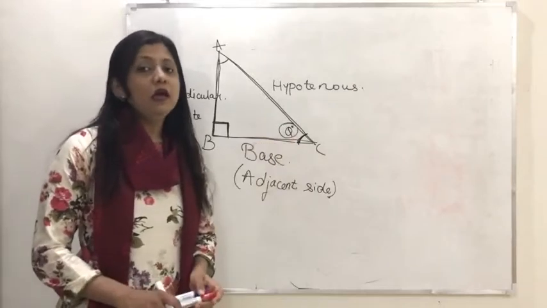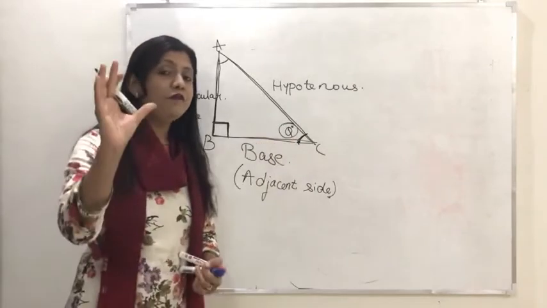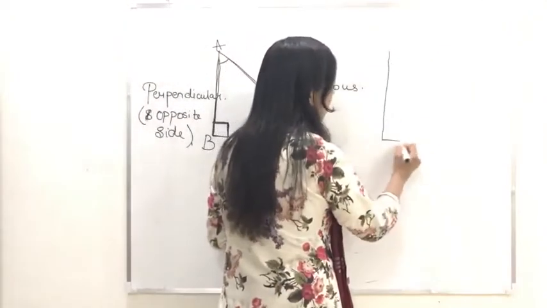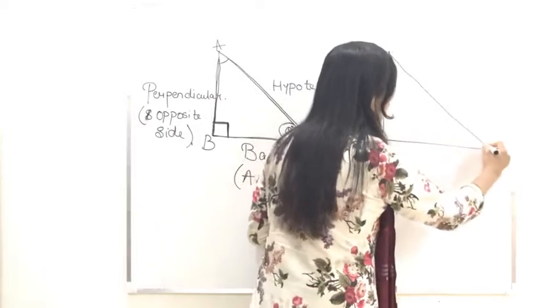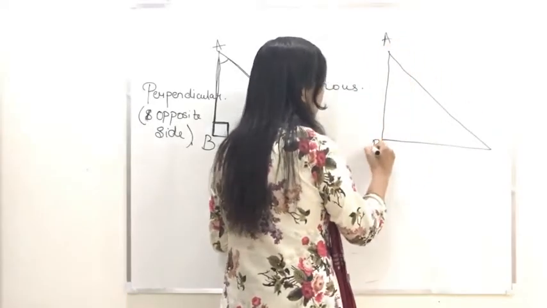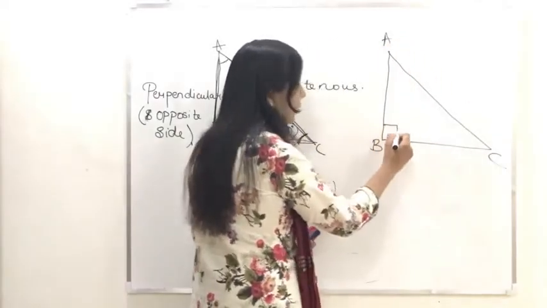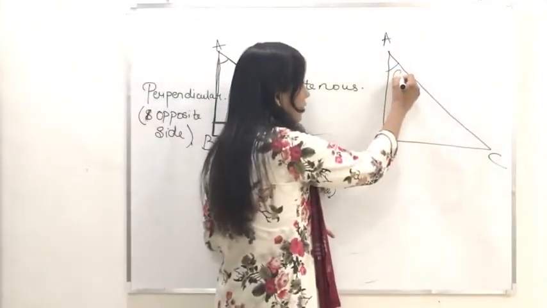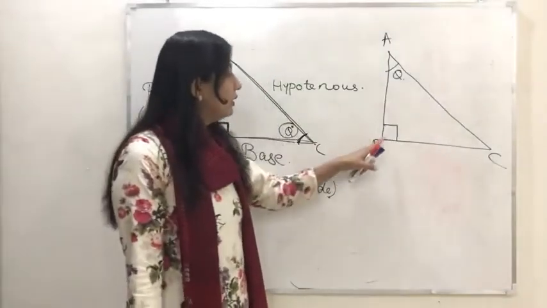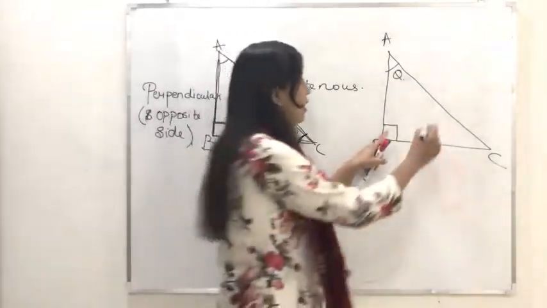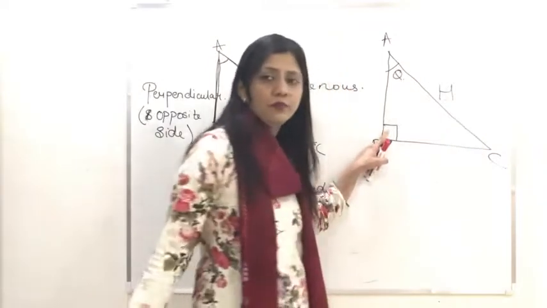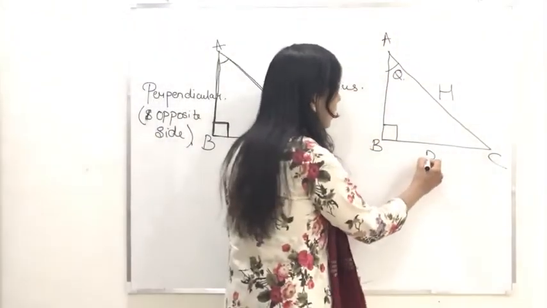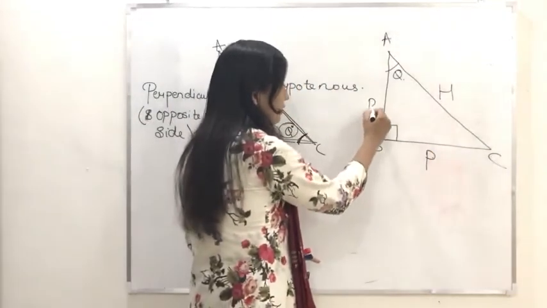Now we will see trigonometric ratios. But before seeing that, let's see one more thing. Again I have a right angle triangle ABC. Right angle at B, and theta is not here. Theta is at angle A. So here also the side opposite to 90 degree will be your hypotenuse H. The side opposite to angle theta will be your perpendicular P and the left out side will be your base.